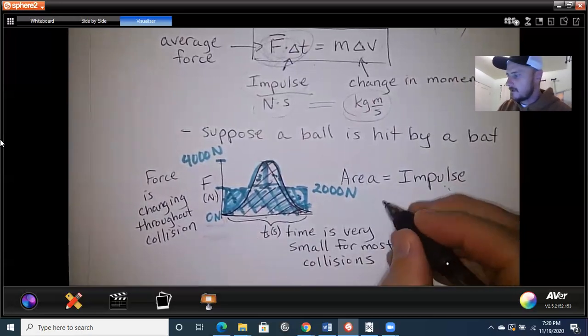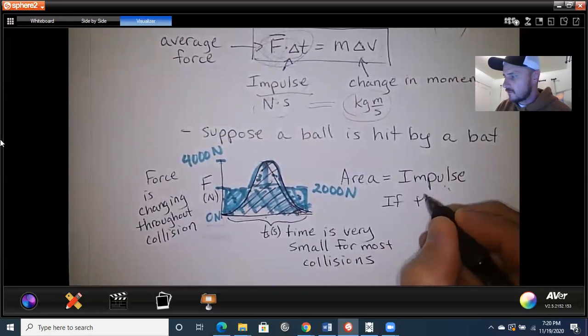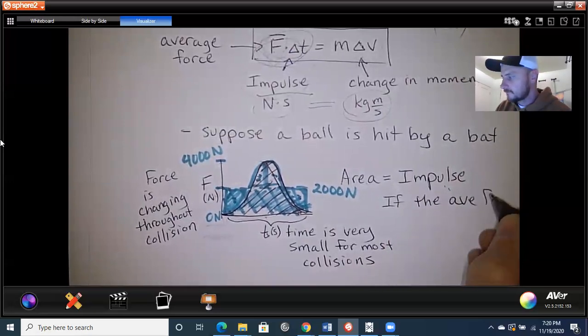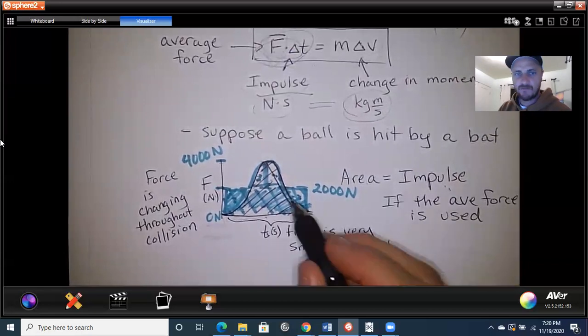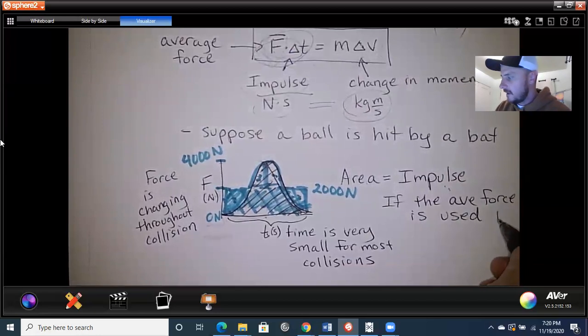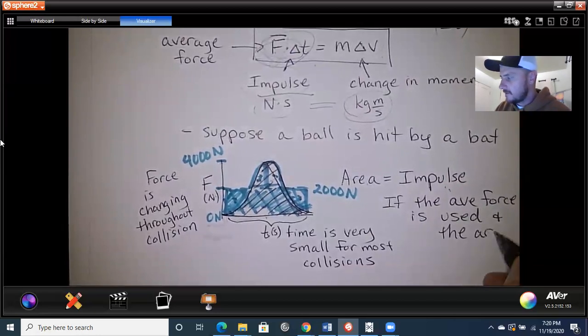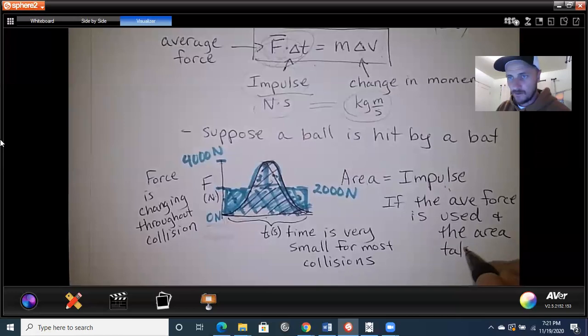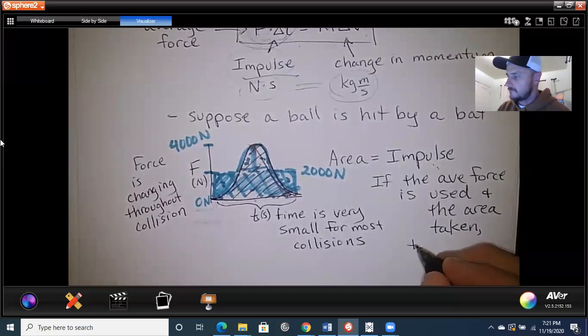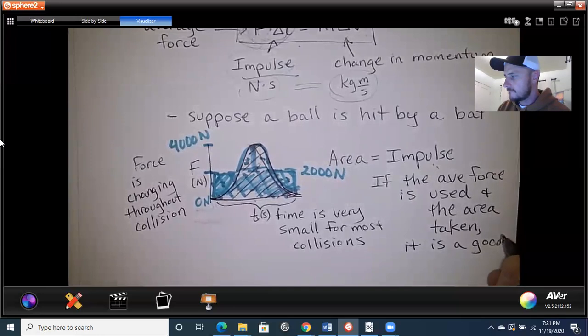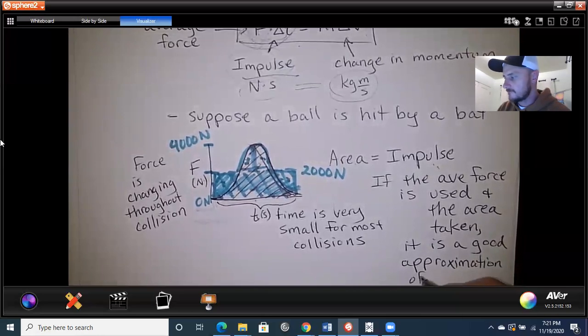So I'm going to say here, if the average force is used, and the area taken or calculated, it is a good approximation of impulse.